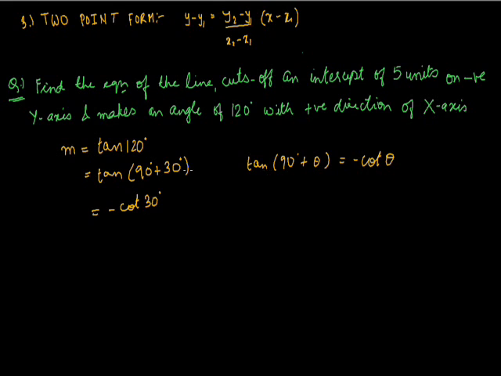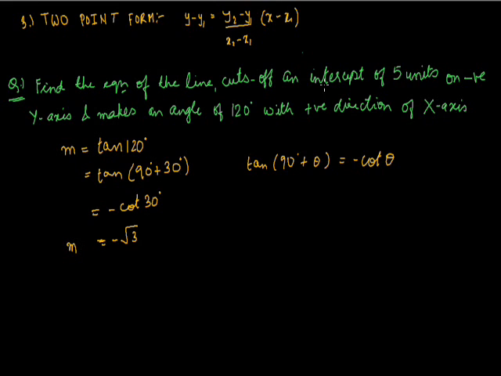Over here the value of theta is 30 degrees, so we substitute theta as 30 in this expression. We'll get tan (90 plus 30) as minus cot 30. Now cot 30's value is root 3. So the slope of the line becomes minus root 3.